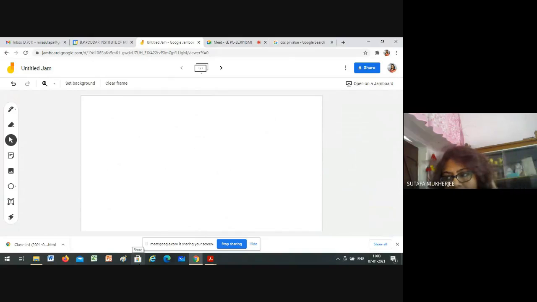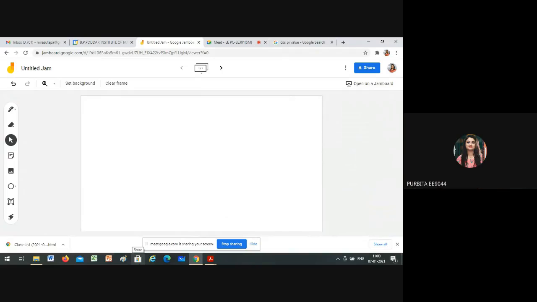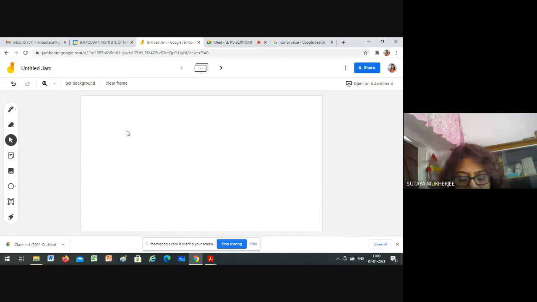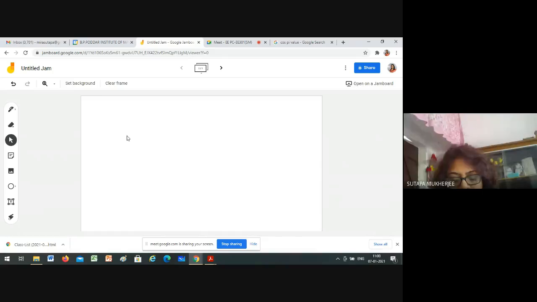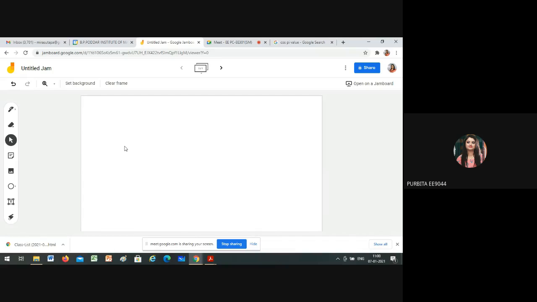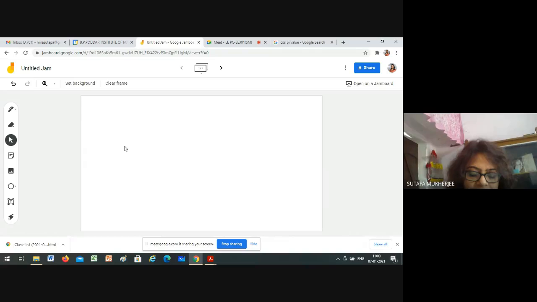Then 7 branches and 6 nodes are there. Okay. So how many nodes? 6 nodes and 7 branches. Vertically nodes or vertically branches? Vertically nodes and horizontally branches. Then it is very tough to write here all the nodes and branches.